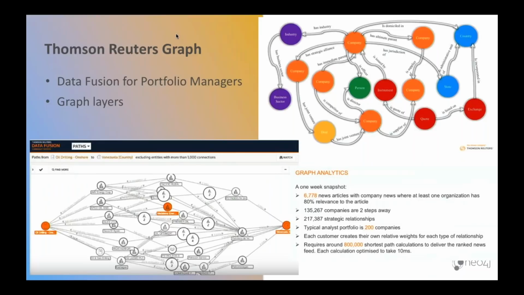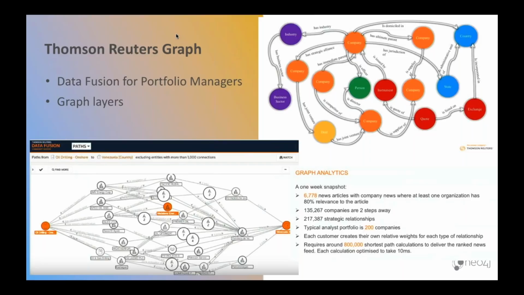Thomson Reuters have a Neo4j-based tool for portfolio managers. So what these people are doing is looking at interconnections between companies and news stories. A good example is when the Volkswagen scandal was exposed. That was bad news for Volkswagen, obviously, but it was bad news for any other company that sourced their exhaust control from the same company as Volkswagen did.